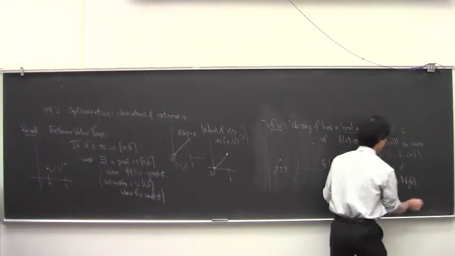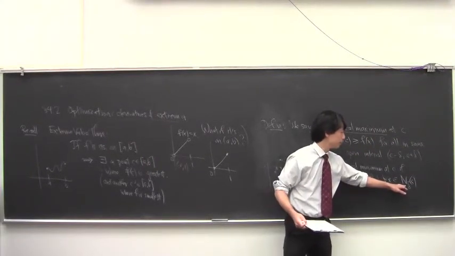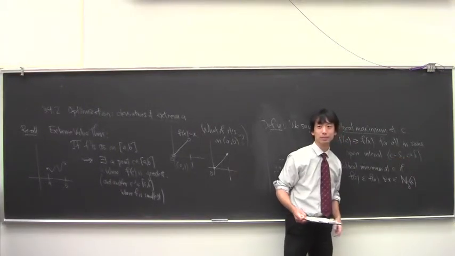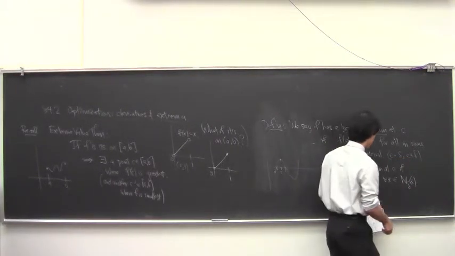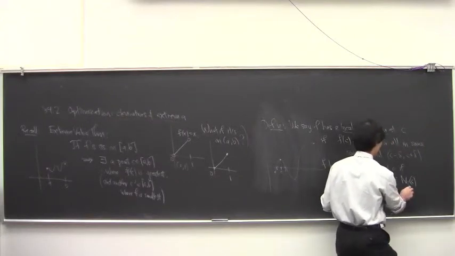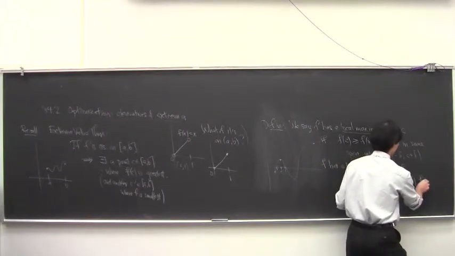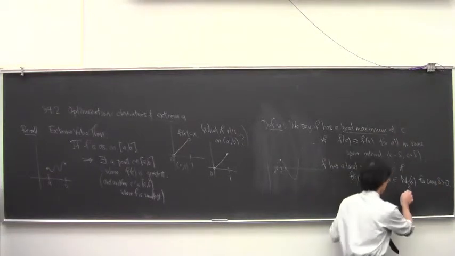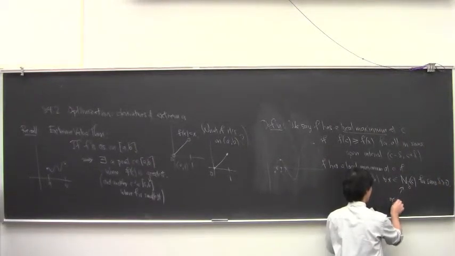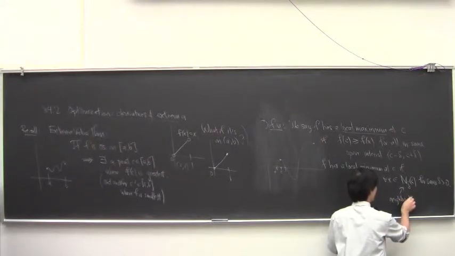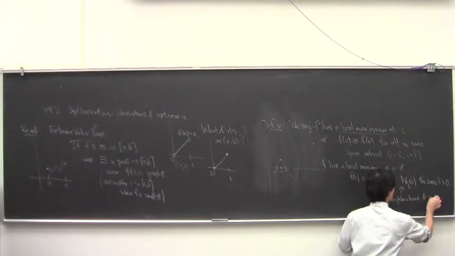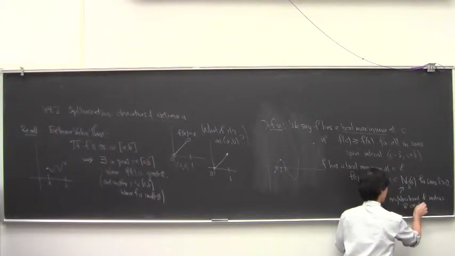Whenever I write something like this, n sub delta of C, I mean C minus delta, C plus delta. This n means neighborhood, the radius delta centered at C.